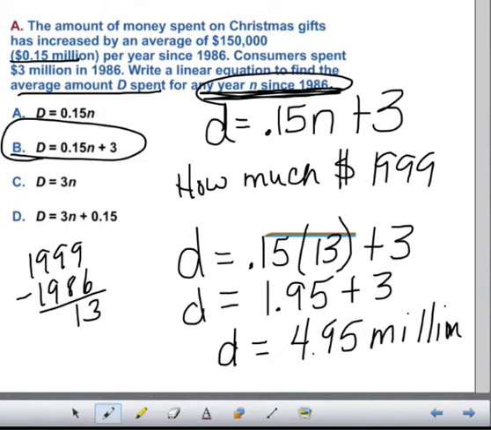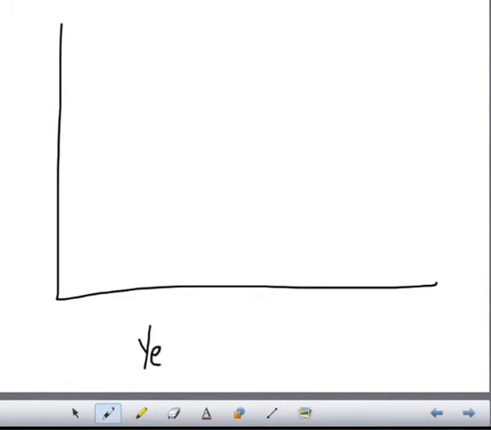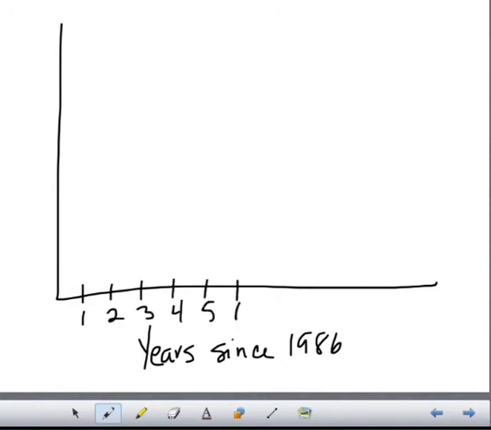Okay? Now, you could even graph that. If I ask you to graph this equation, what you're going to do is you're going to have to draw your graph, and I'm just going to draw it like this. Now, down here across the bottom, this is going to be what? The years since 1986, and we're just going to count off the years. 1, 2, 3, 4, 5, 6, 7, 8, and so on.